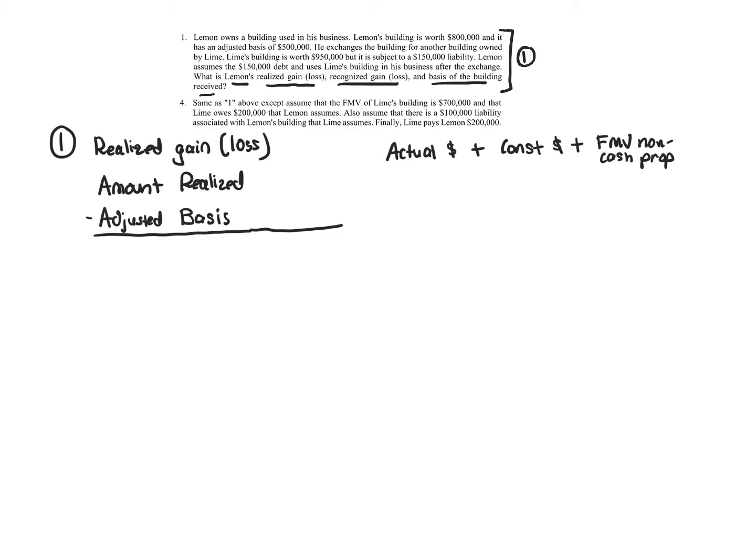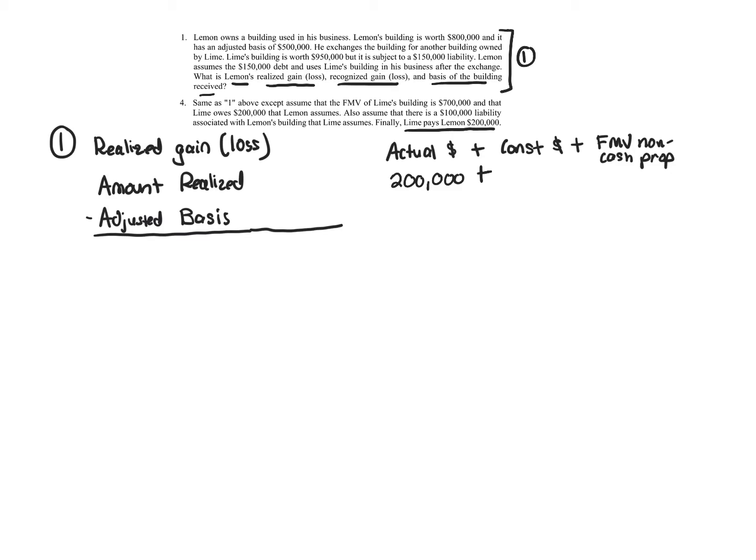So let's start with actual cash. Is Lemon receiving any actual cash here? Yes. Lime pays Lemon $200,000 of actual cash. So we got actual cash right there. What about constructive cash or liability relief? Yes.